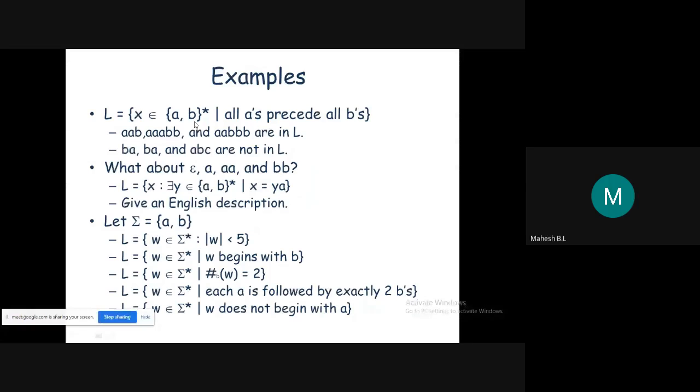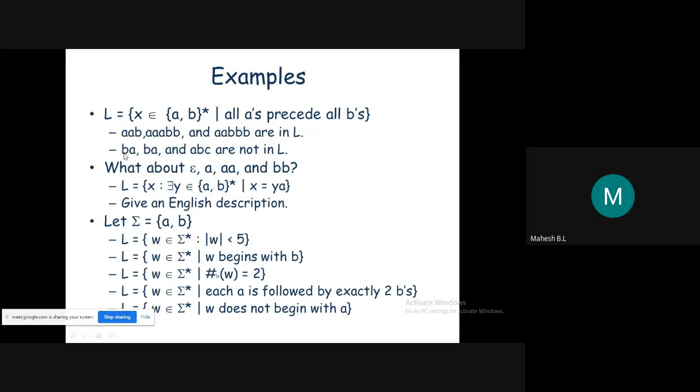So x is nothing but the set of strings which are formed using the alphabet a comma b, and only those x where all a's precede all b's belong to L. So see here, aab: all a's precede all b's. aaabbb: all a's precede all b's. aabbb. So in all these strings, all a's precede all b's. That's why they are in L.